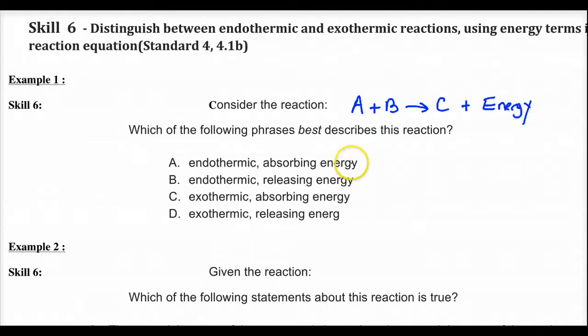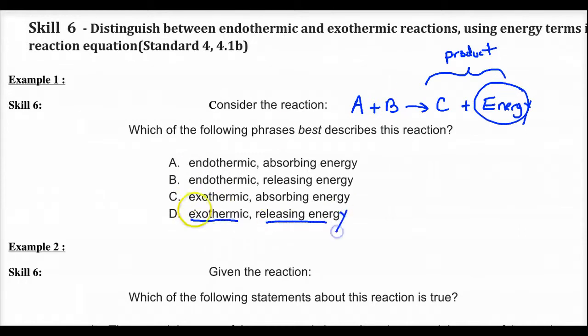What does that mean? Well, the energy is on the what side? It's on the product side. So therefore, it's exothermic, and I'm releasing energy. So choice D.